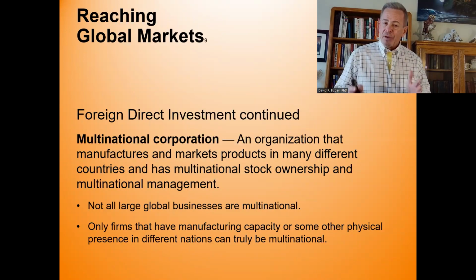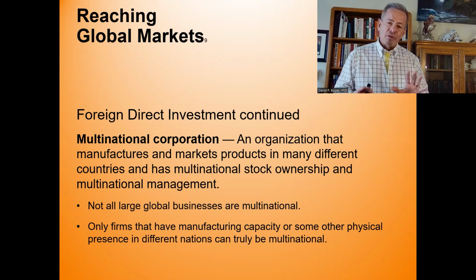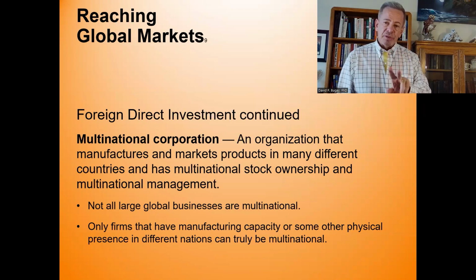And then finally, really, the multinational corporation really is all about foreign direct investment. When you talk about a multinational, you have several criteria. Number one, there's a physical manufacturing site in the country in which it's located. Secondly, the management tends to recruit nationals from that same country.